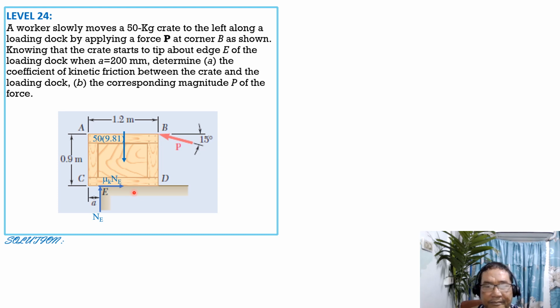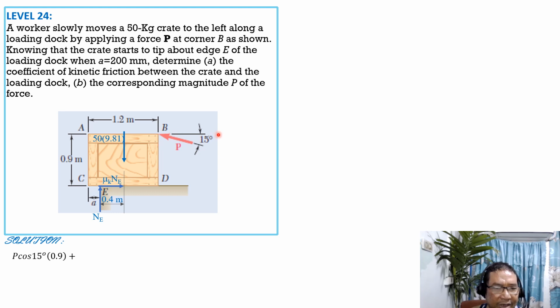Then the angles are already found. This distance, half of 1.2, is 0.6. Since A is 0.2 meter, the moment arm of the weight about E is 0.4 meter, as shown. So first, let's have summation moment about E equals 0.